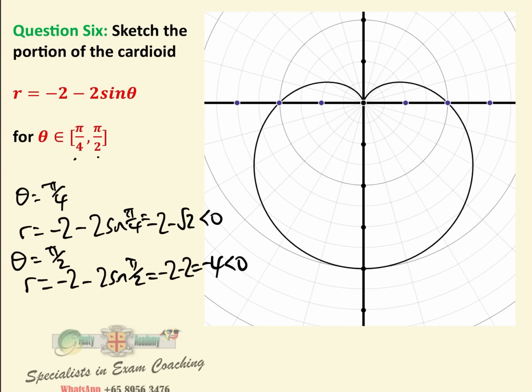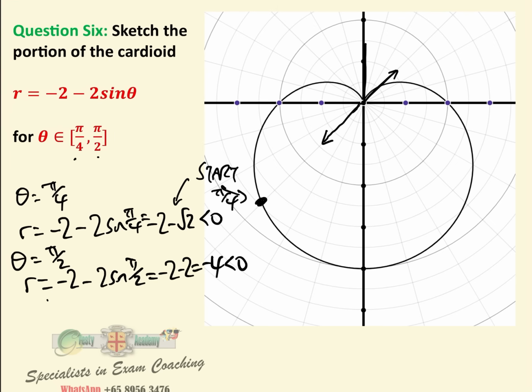So now theta is pi over 4, which is that direction. R is minus 2 minus root 2, which is less than 0, which means that it starts, and I've got to get the right one here, it starts this way. This one is the minus direction of pi over 4, so it starts here. That's where it starts, at pi over 4. And it finishes when theta is pi over 2.